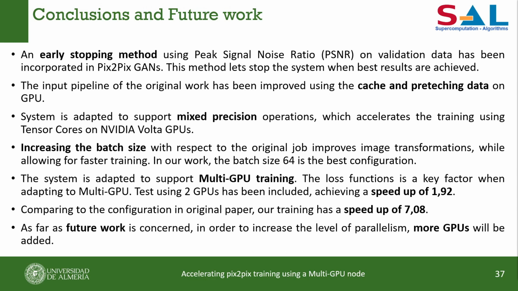In our work, batch size 64 is the best configuration. The system is adapted to support multi-GPU training, and the loss function is a very key factor when adapting to multi-GPU. So tests using two GPUs have been included, achieving a speedup of 1.92. Compared to the configuration in the original paper, our training has a speedup of 7.08.